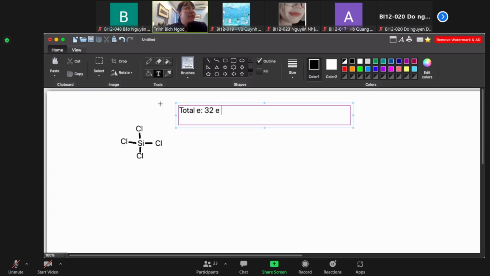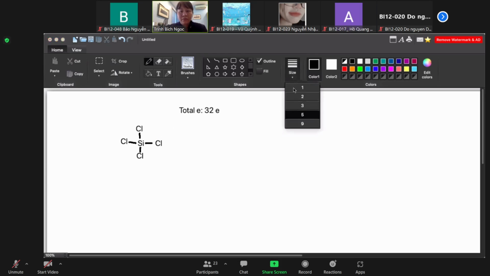How many are left? 24. You have used 8 to form bonding, so the electrons that are left are 24. So you will distribute these 24 on the atoms that have a stronger electronegativity.